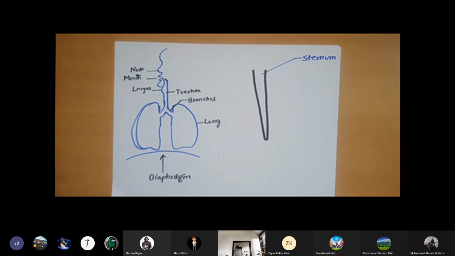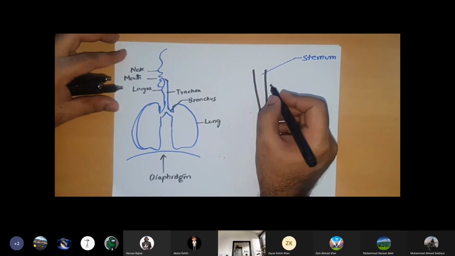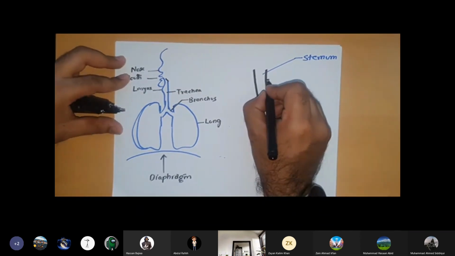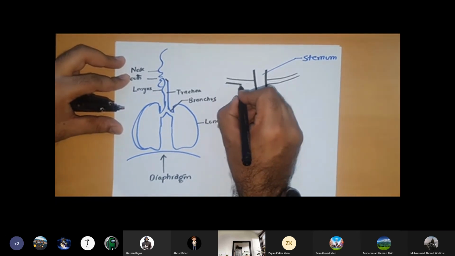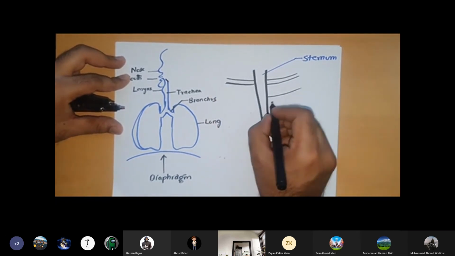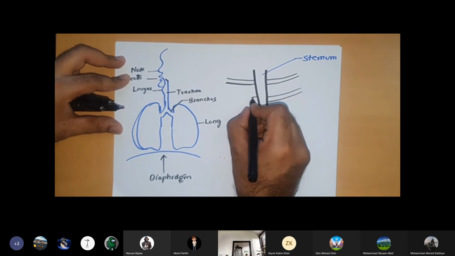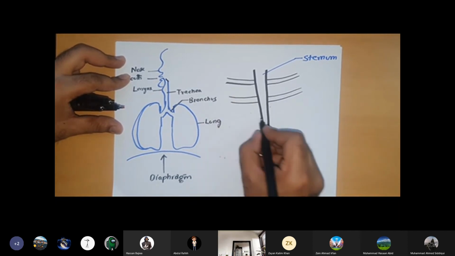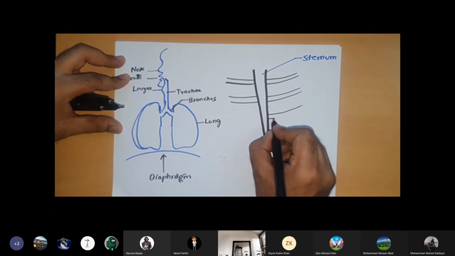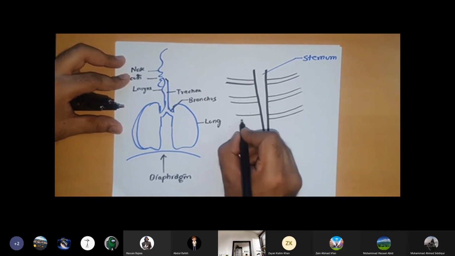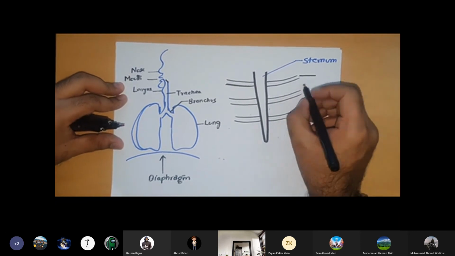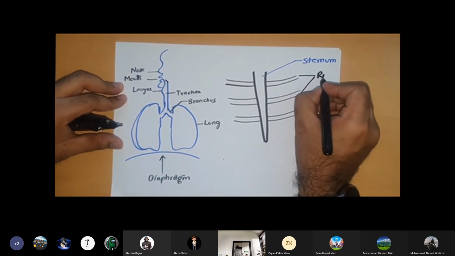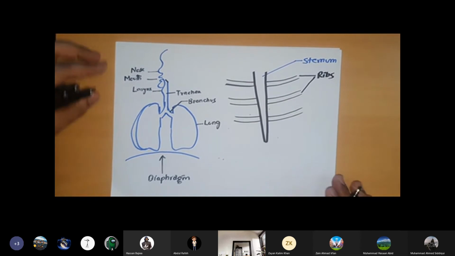With this sternum there are bones which come from the front and go to the back as well. I will draw only a few of them. There are 12 pairs of these bones, and these bones are called ribs. We are not going into detail of the ribs in this topic. The more detail will come in A levels.